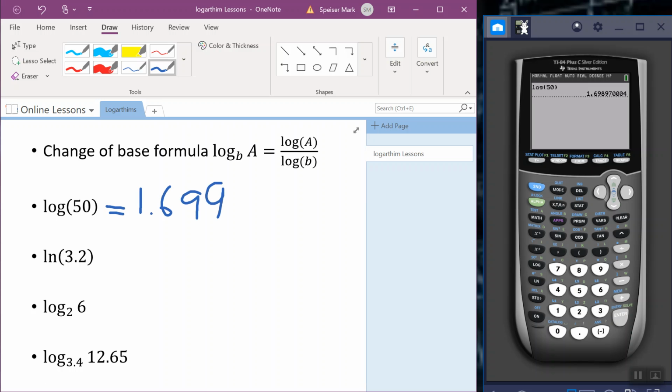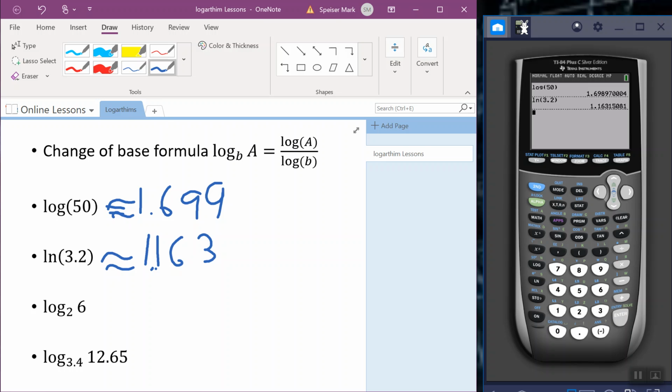Sometimes they'll ask you to find a natural log. So you go to the button below log, which is natural log. Type in 3.2. Should be a little more than 1. 1.163. And you really should use the approximately equal sign for all of these. So it's approximately 1.163.